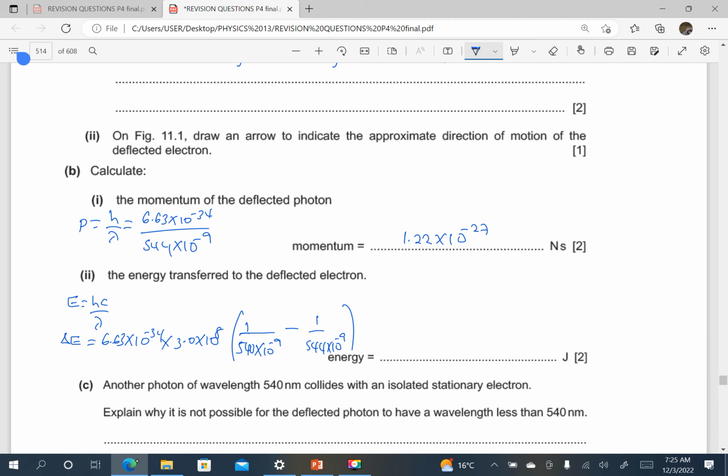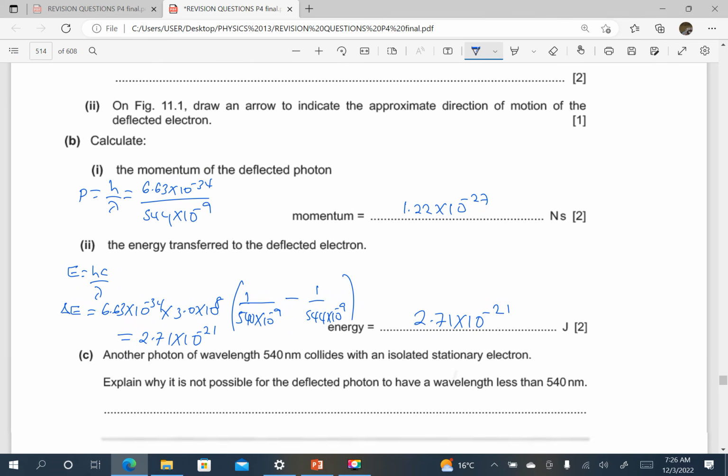Then I multiply this by 6.63 exponent negative 34 and by 3 exponent 8. This gives me the difference in energy as 2.71 times 10 power negative 21. That difference in energy is the energy given to the electron by the photon.